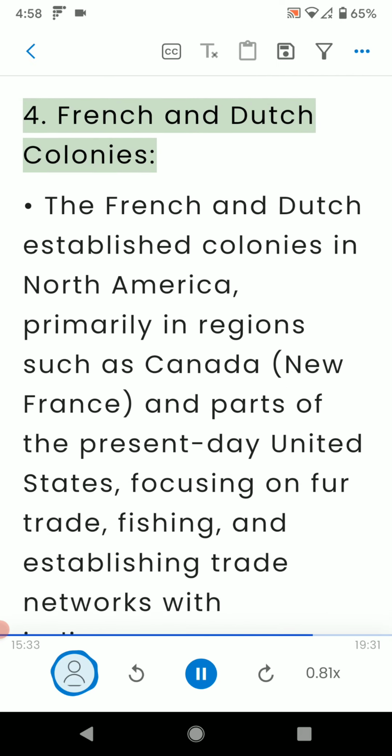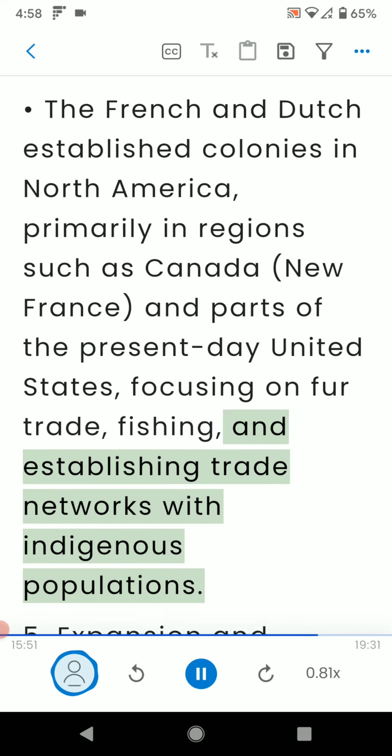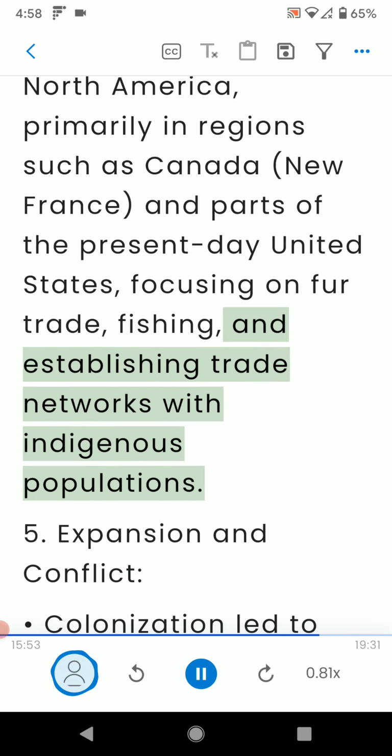French and Dutch colonies. The French and Dutch established colonies in North America, primarily in regions such as Canada and parts of the present-day United States, focusing on fur trade, fishing, and establishing trade networks with indigenous populations.